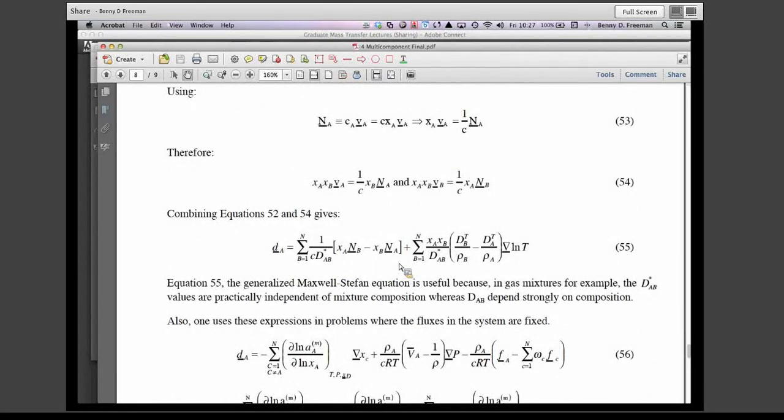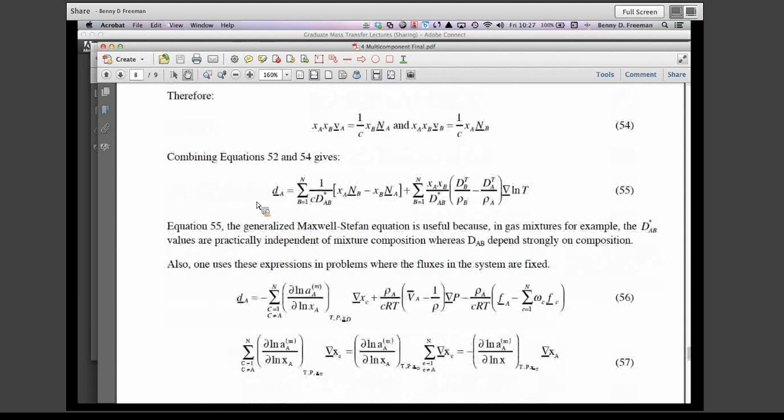So previously, I was writing the diffusion flux in terms of the gradients that drive the diffusion. Here, I'm writing the gradients in terms of the total flux of the components in the system. This is the so-called generalized Maxwell-Stefan relation.